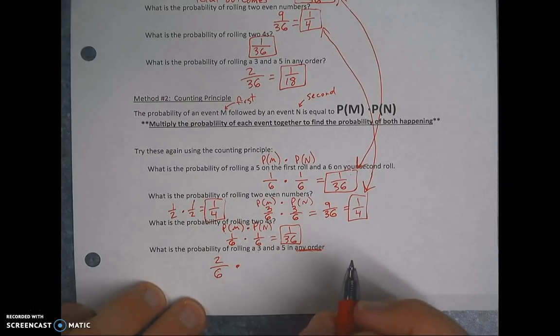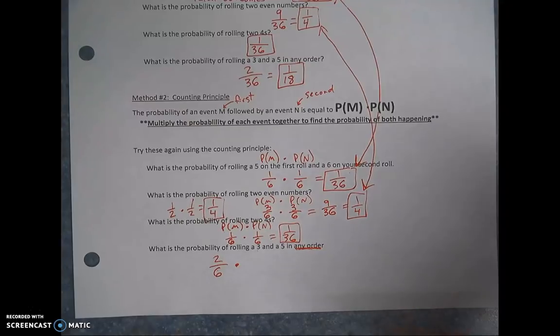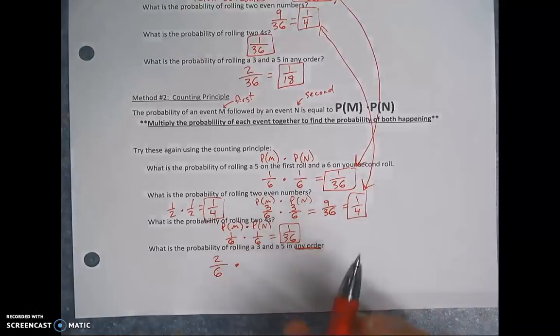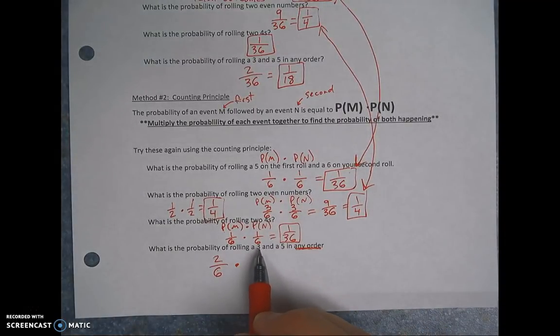And then on my second event, a lot of people would say, well, then you have a 2 out of 6 chance on your next one as well. Here's the problem with that thinking. On your first dice, you could get the 3 or the 5. But on your second dice, you have to get the other one. Because getting a 3 and a 3 or a 5 and a 5 doesn't count in this situation.